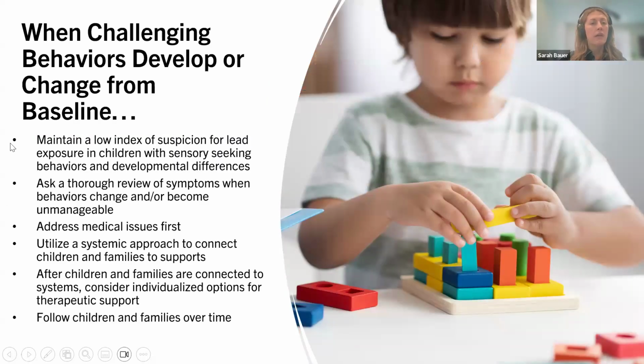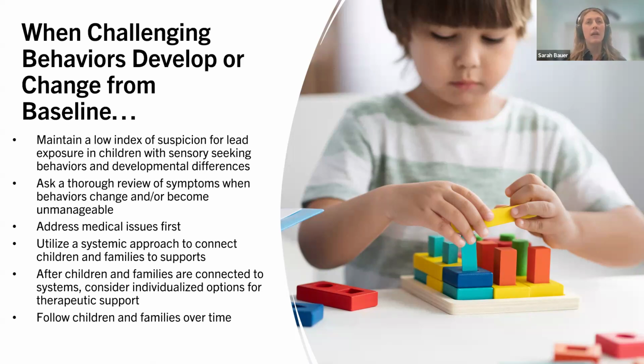And in general, as an educator, as a therapist, as a physician, a provider, I think it's important to think about when challenging behaviors develop or change from baseline, right? That can cue you in that something else could be going on. So I think it's important in the kids who are having that to maintain a low index of suspicion for lead exposure in kids who have sensory seeking behaviors and developmental differences.